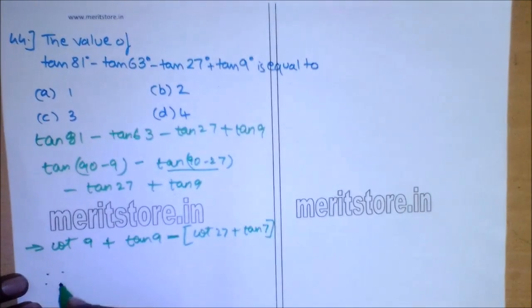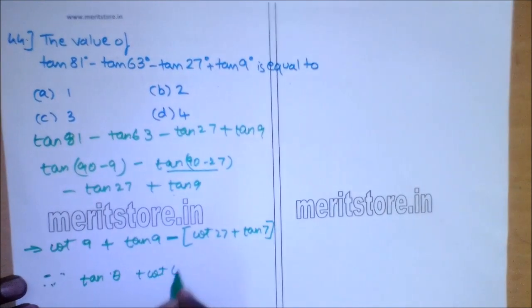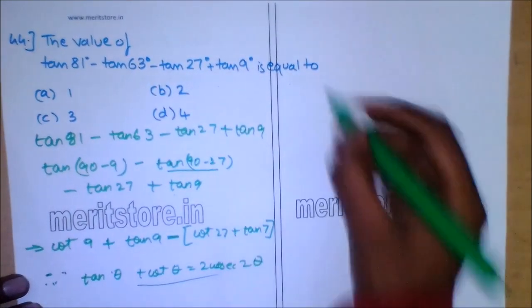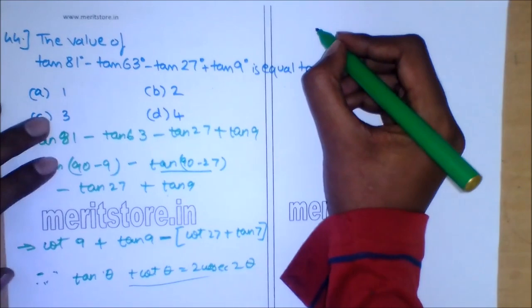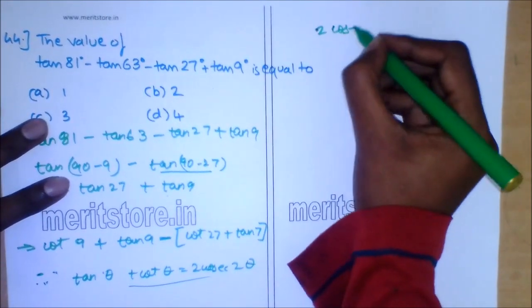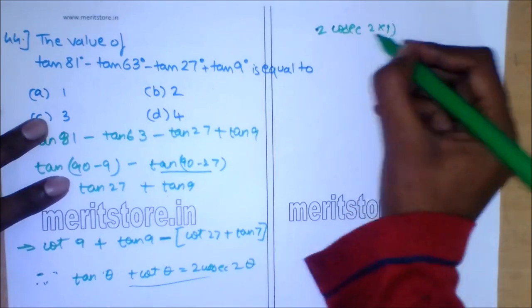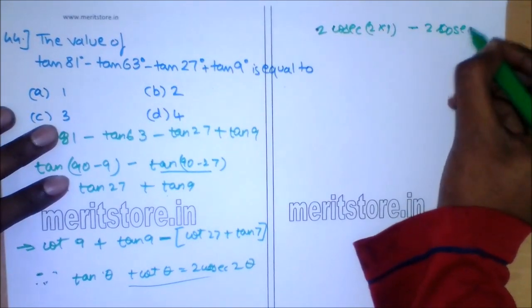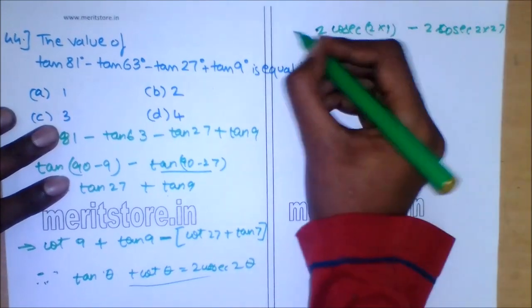Now tan theta plus cot theta is equal to 2 cosec 2 theta. So we use this formula. So we get 2 times cosec of 2 into 9 minus 2 times cosec of 2 into 27.